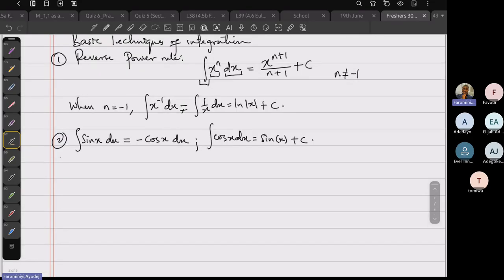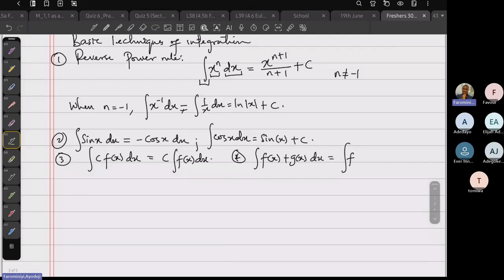Also, we have the fact that when you have the integral of a constant times a function with respect to x, you can pull out the constant. We also know that the integral of a sum, f of x plus g of x with respect to x, is the sum of the integrals, f of x dx plus g of x dx.